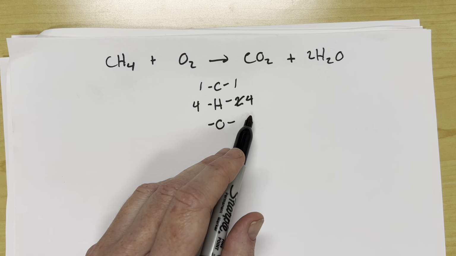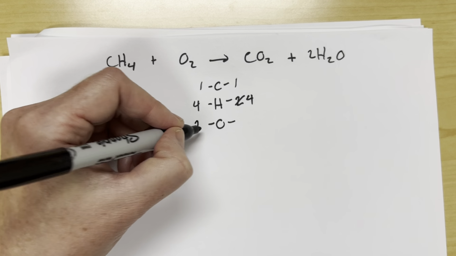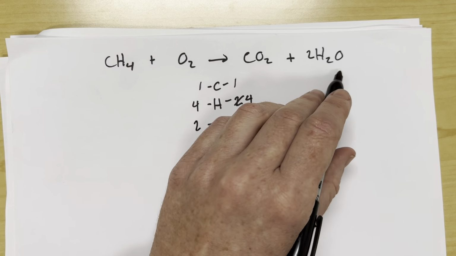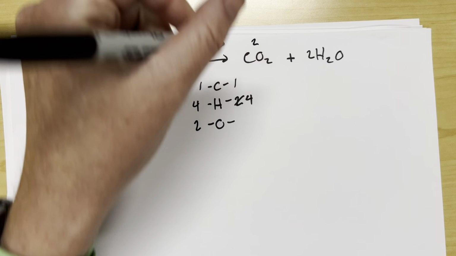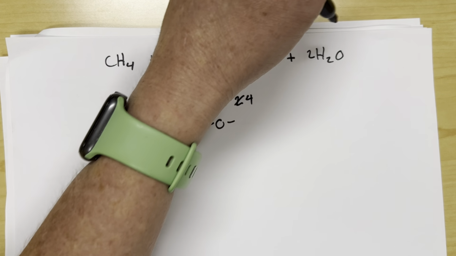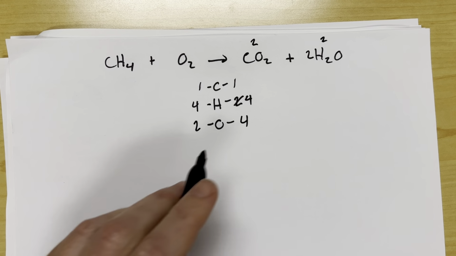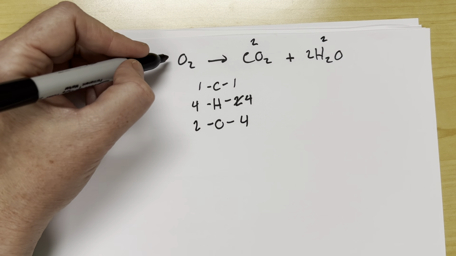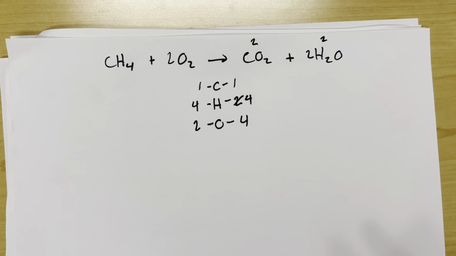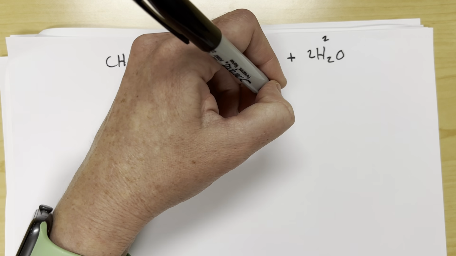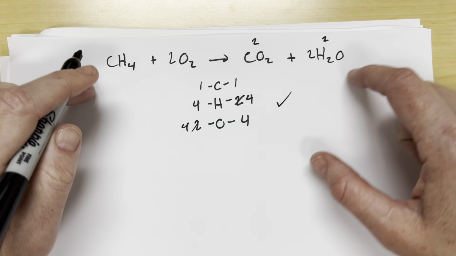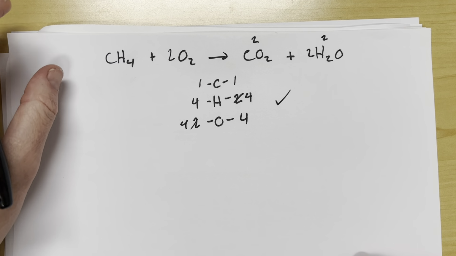Then I move on to oxygen. On my left-hand side over here, I have 2. On my right-hand side, make sure you add up both of these. I have 2 from the CO2 and 2 from the H2O for a total of 4. 4 divided by 2 is 2, so I put a 2 there, and that is now balanced. So let's move on to the other one real quick.